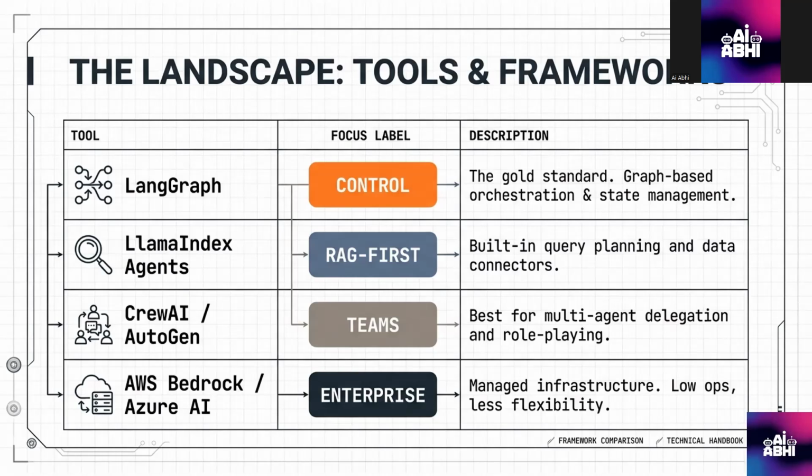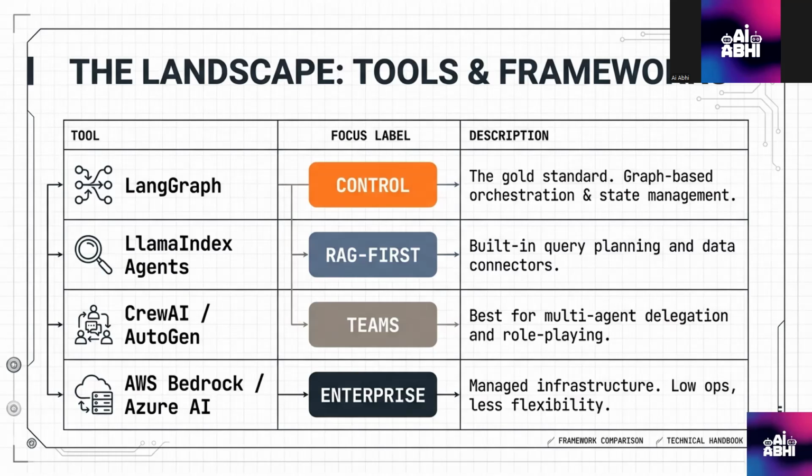If your use case is purely RAG focused, like searching documents, querying data, and answering questions, LlamaIndex agents are simpler to set up because they come with RAG-specific tools built in. For multi-agent setups where you want specialized agents working together, CrewAI is the best and easiest to get started with.